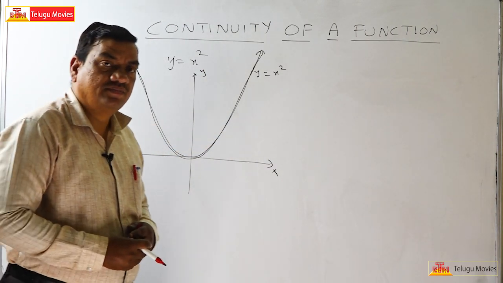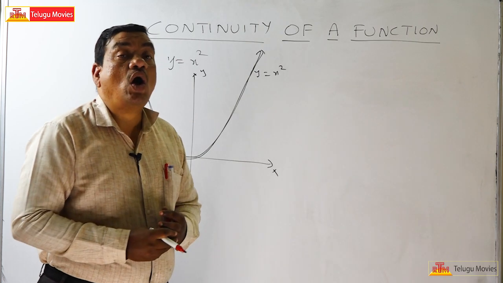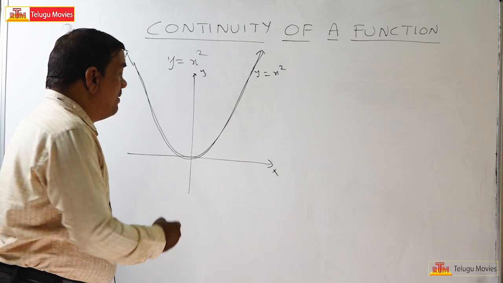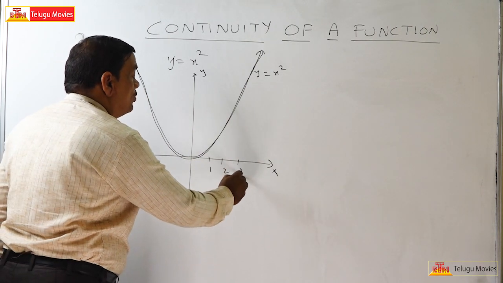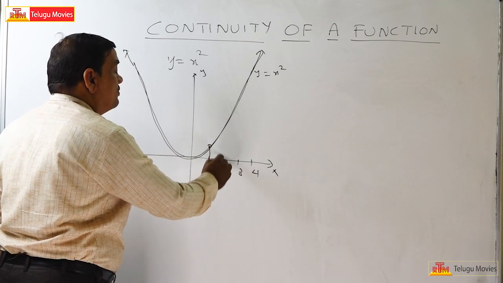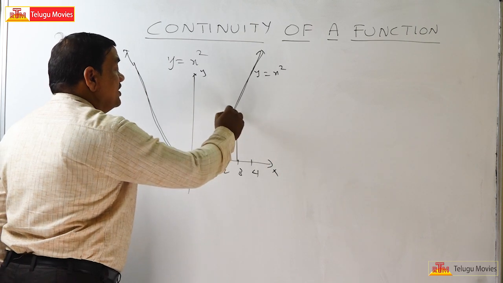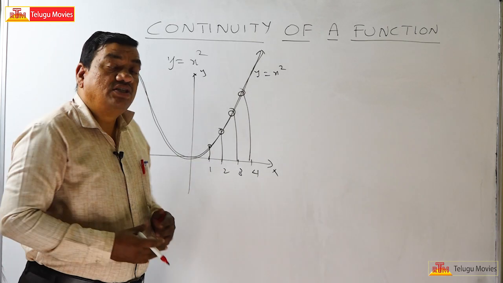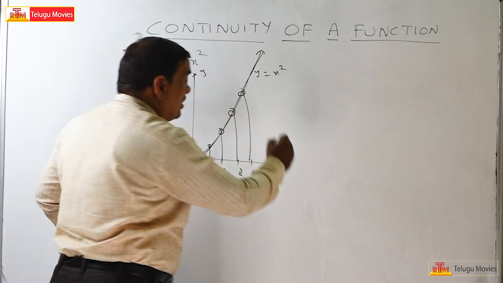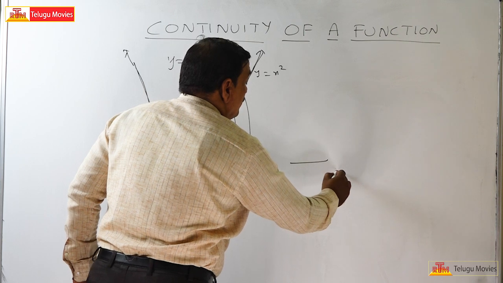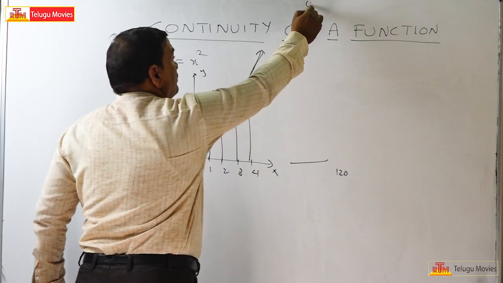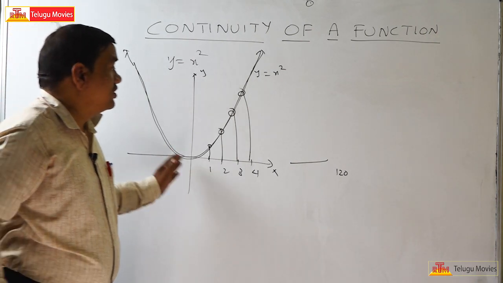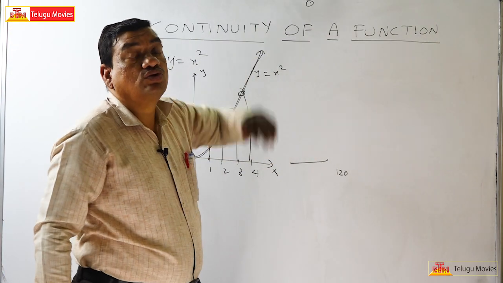Everybody can say that. But mathematically, how to prove it? It may be continuous here at 1, 2, 3, 4. At 1 it is continuous, at 2 it is continuous, at 3 it is continuous, at 4 it is continuous. At certain points it is continuous. If I ask you to find out at 120, is it continuous? Who knows? I have to draw the graph up to 120. So x is equal to 120, therefore 120 whole square.